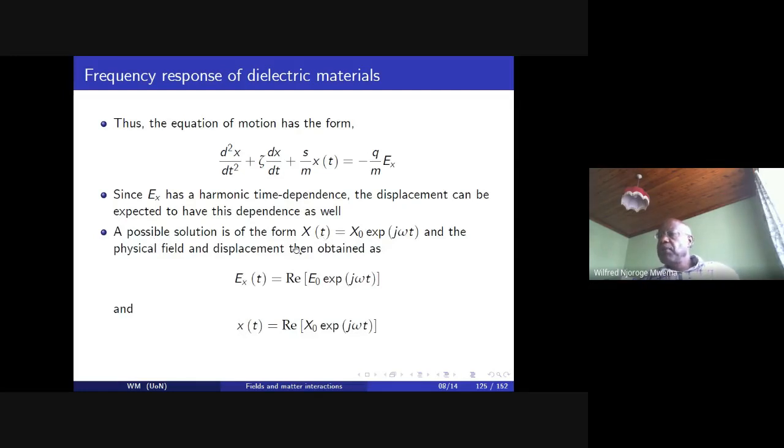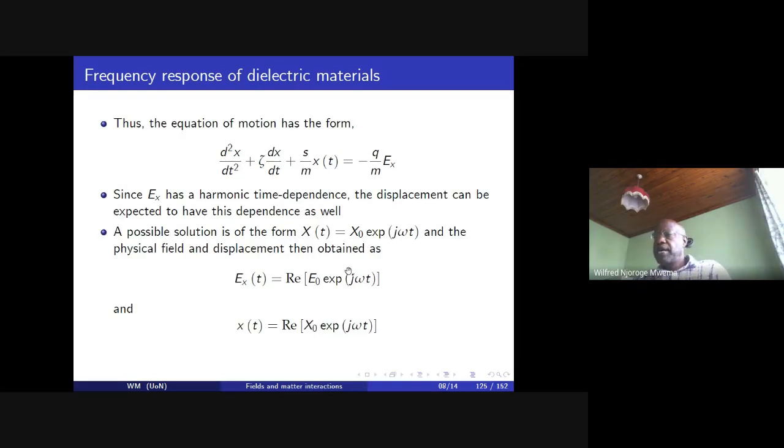One possible solution would be a phasor form given by x of t equal to x naught multiplied by the exponent of j omega t, and the physical field can then be extracted from this phasor form.